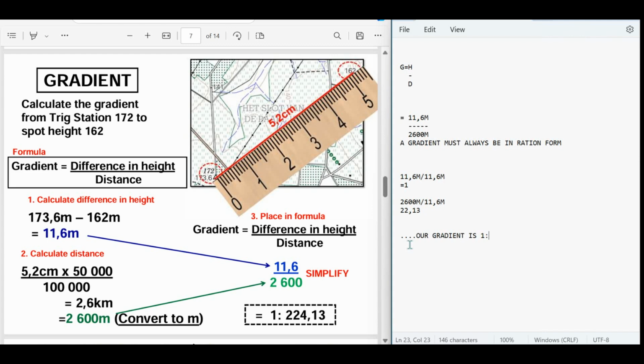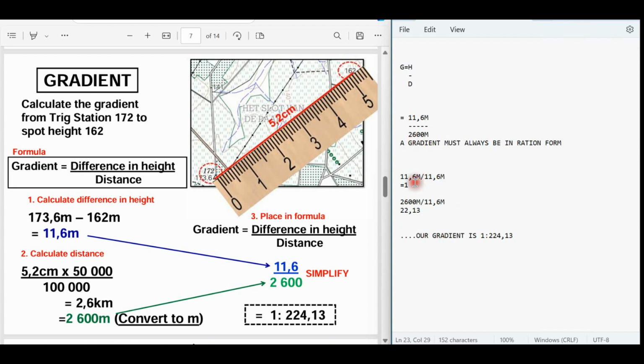Those who did mathematics know that a ratio usually means a division sign. Now our gradient is 1:224.13. It doesn't have meters. Don't forget, a ratio does not have units.